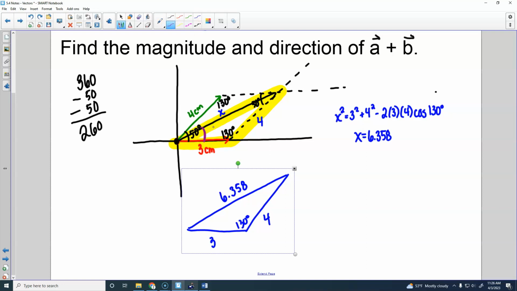It needs to be the angle between 0 and our resultant vector, right? So we're looking for this angle right here. And we can use law of sines for this. So we would have sine of 130 over 6.358 equals sine of theta over 4.